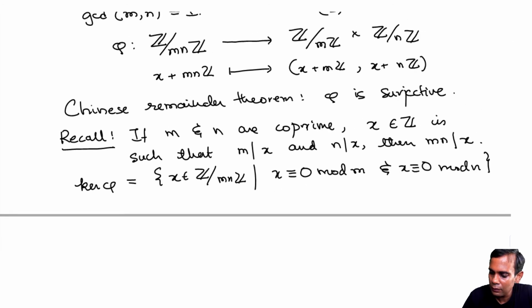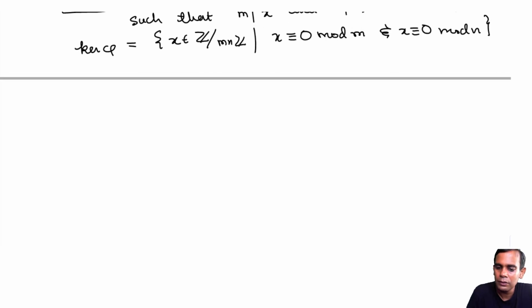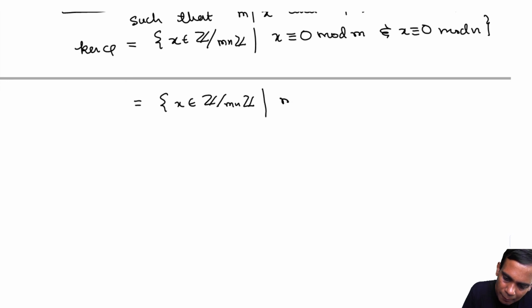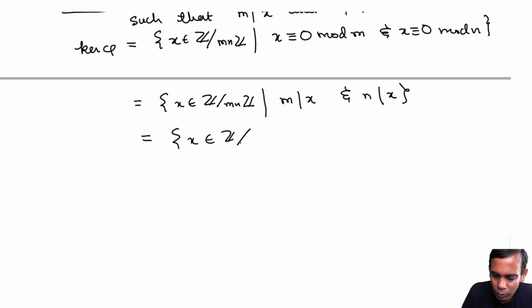Okay, but that's the same as saying that you look at x belongs to Z mod mnZ such that m divides x and n divides x. But that's the same as saying that mn divides x.